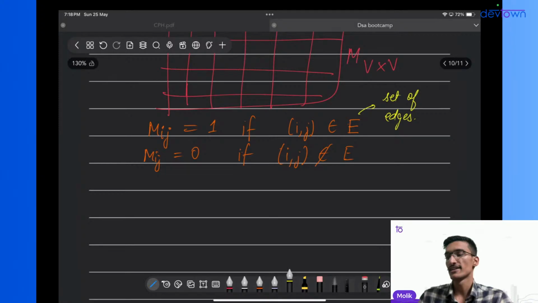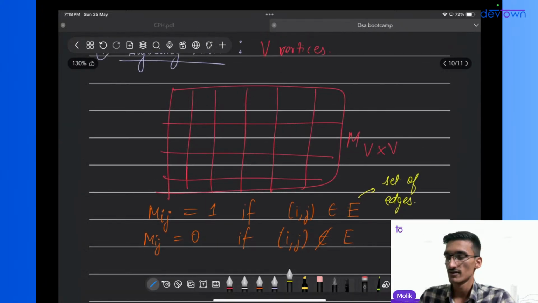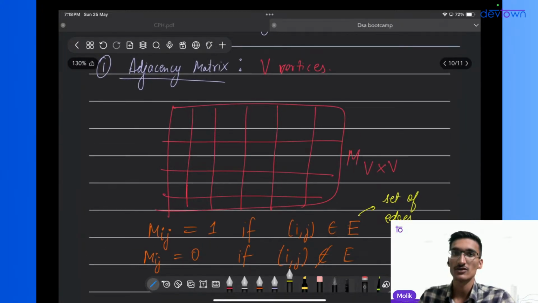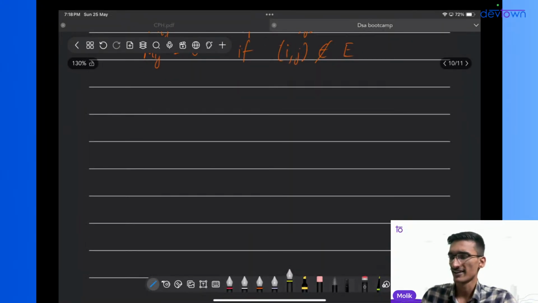So Mij entry will be 1 if the edge (i, j) is present in the set of edges, and if it is not present, then it will be 0. So this is how you will be representing graphs using an adjacency matrix. Just to give you an example, like 1 2 3, yes.